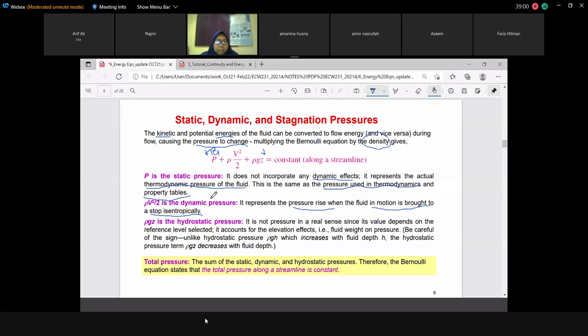And then another part is the potential energy, which represents the hydrostatic pressure. This type of pressure is not pressure in the real sense, since its value depends on the reference level selected.